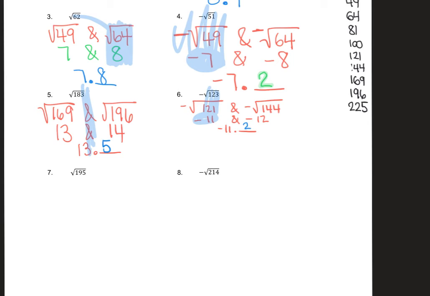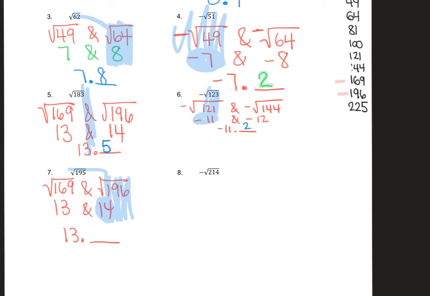All right. 195. So 195 is between 169 and 196. So you see it's the same actually as the one directly above it. It's still in between 13 and 14. I'm still 13 point something, but now, whereas 183 was right down the middle, this one is way closer to the 196.